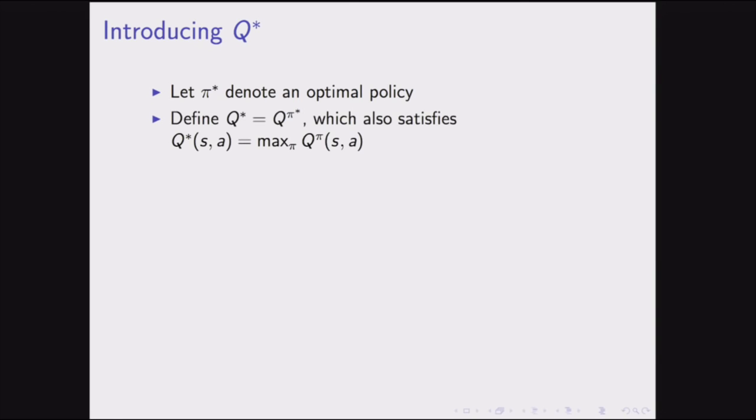Q star is just defined as the Q function of the optimal policy, π star. And it also happens to be the pointwise maximum over all policies of the Q function at each state action pair.